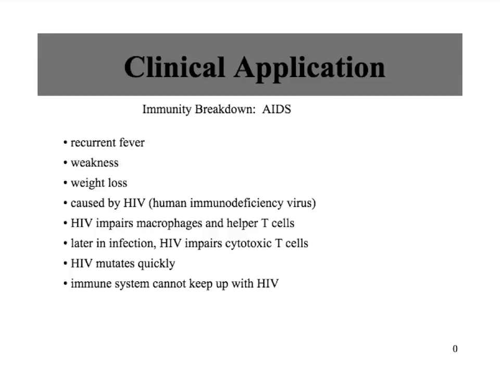One final disruption to the normal function of our immune system would be HIV. This is a virus that causes AIDS, and I have written here immunity breakdown, which basically means that those cells that are really important for initiating our immune response, the helper T cells, the CD4 cells, are attacked by the HIV virus.